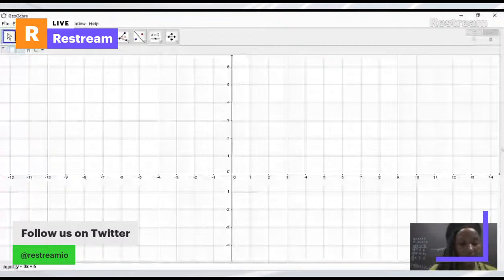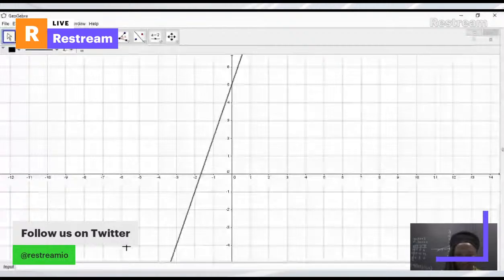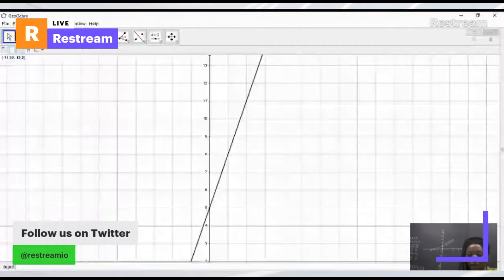Ta-da! There it is. It crosses the y-axis at 5. It goes up to 11, where x is 2, y is 11. See right here, that's the point. See how accurate it is.